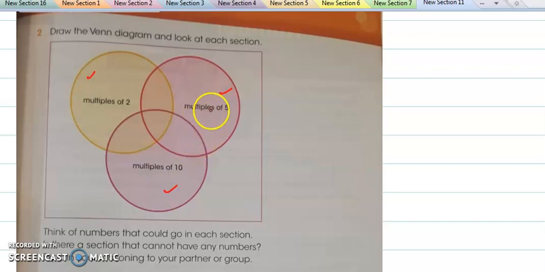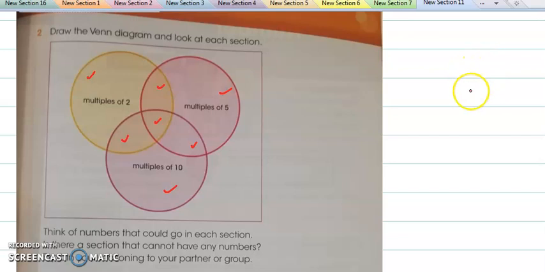If any number is a multiple of 5 and 10 both, it will be here. If any number is a multiple of 2 and 10, it will be here. If any number is a multiple of 2 and 5 both, it will be here. And if any number is a multiple of all 3, it will be here.